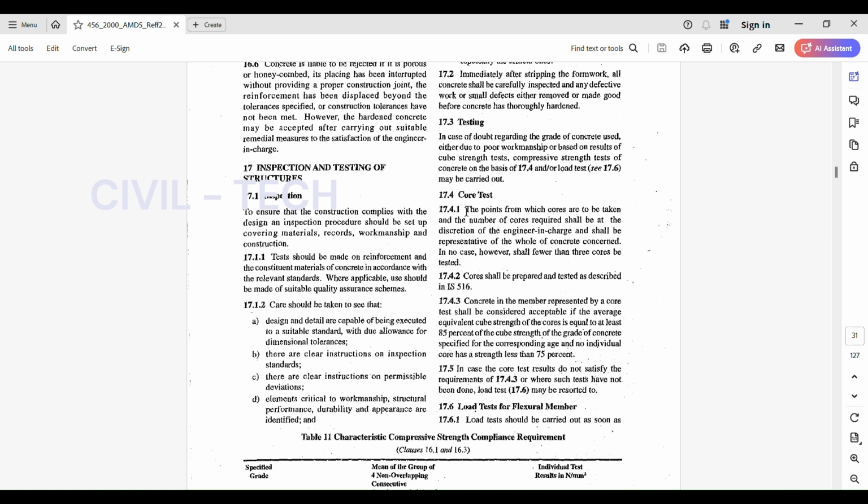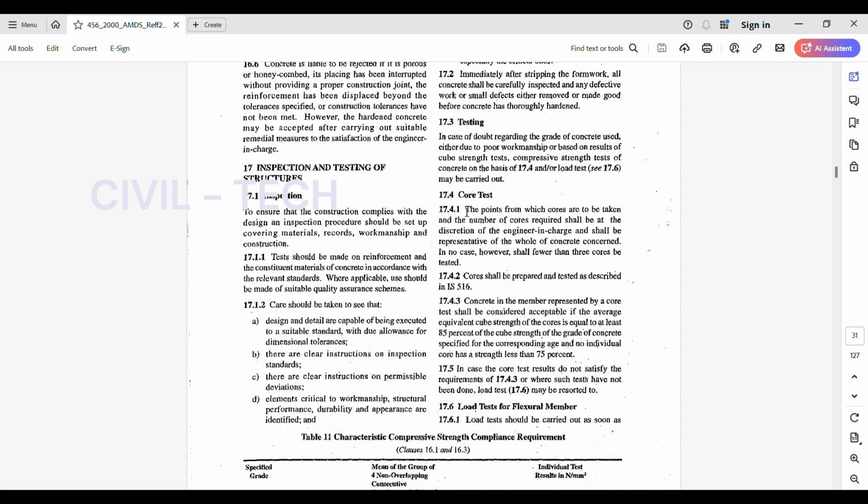I want to put some clarity on cube casting. If we are casting some cubes, the cube record is to be maintained with respect to the members. Before doing the core test, we need to get clarity from the structural engineer or engineer in charge on where the core cut needs to be taken from the particular member.